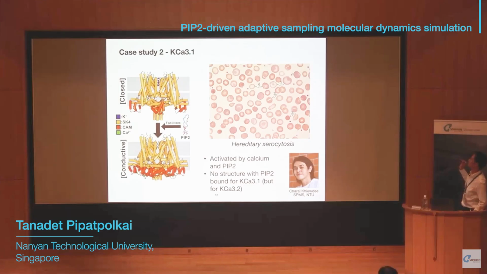The fun story about KCA 3.1 is, let me tell you a quick anecdote for about 1 minute. When I was a student, I told myself that I would work on potassium channels, and I've been working on the K2P channel family with Stephen Tucker, the KAR channel, and also the KV channel with Lucy. And I said, I will never work on KCA channels because they're too big, too complicated, and it would be so difficult to do any simulations on them.